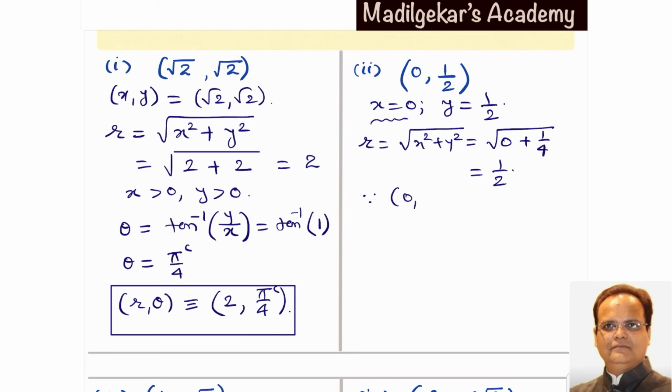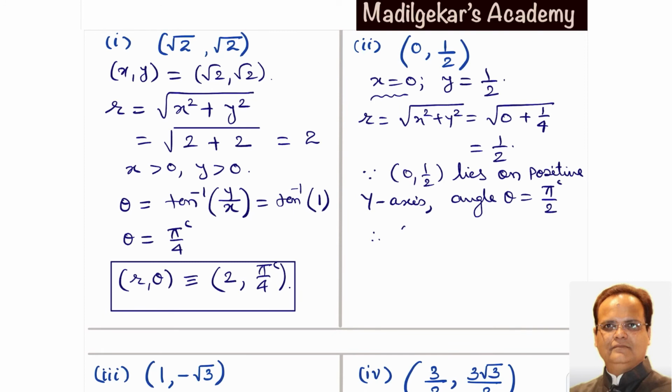Since the given point lies on positive y-axis, angle theta must be 90 degrees, means pi by 2. So the required polar coordinates are 1 by 2 comma pi by 2.